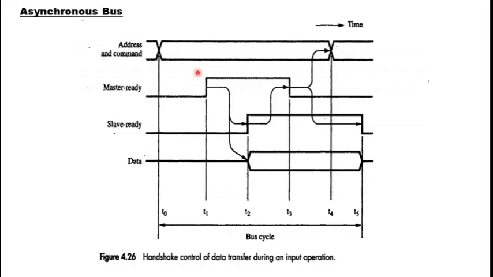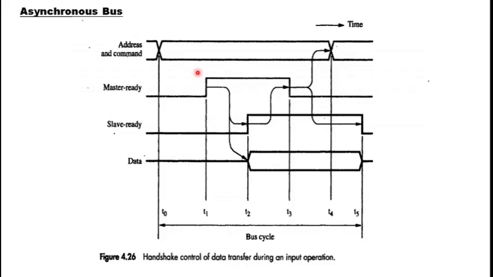So in order to eliminate such problems and to have a predictable timing of signals in each slave, a master might have already calculated the skews for various slaves, and it might have determined the maximum skew or the maximum duration which has to be given between address and master ready, so that once the address and command signal gets stabilized over all the slaves, then only master ready is perceived by the slaves.